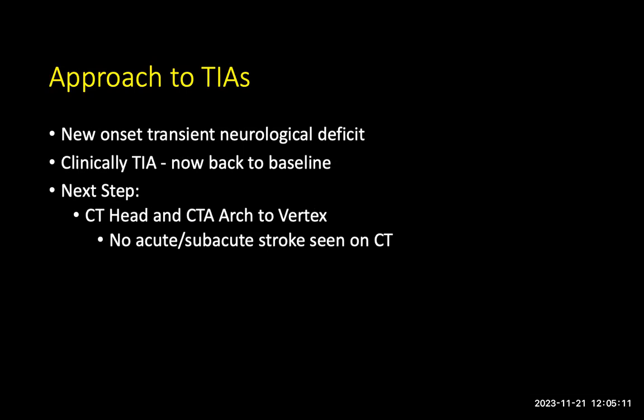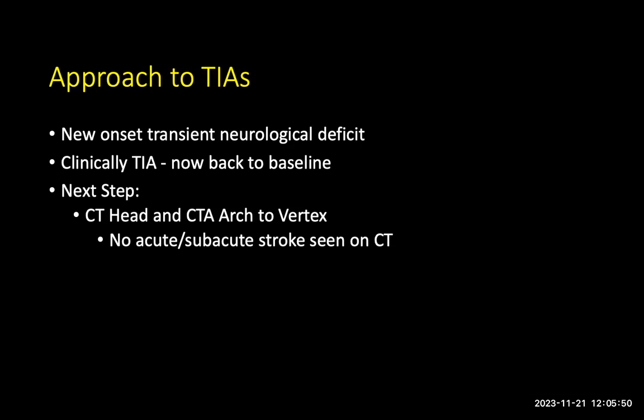Or is it a stroke, where the patient has a new onset neurological deficit attributable to a vascular territory but has not gone back to baseline and still has some ongoing deficit? In both cases, the key, once you have a good history, a good exam, and a good time of onset, is to arrange for neuroimaging as soon as possible before you start deciding what you want to do.